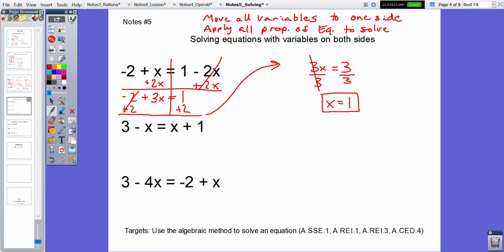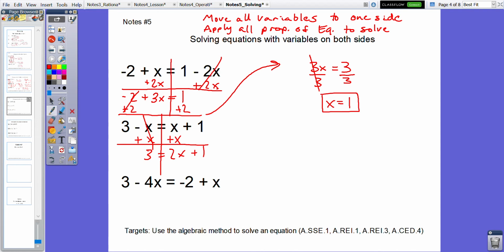With a negative x on the left side, I want to get rid of that, so I'm going to add x to both sides of my equation. When I do that, my x's cancel because that becomes 0, and I'm left with 3 on the left side. An x plus another x gives me 2x, and then I'm going to add 1.